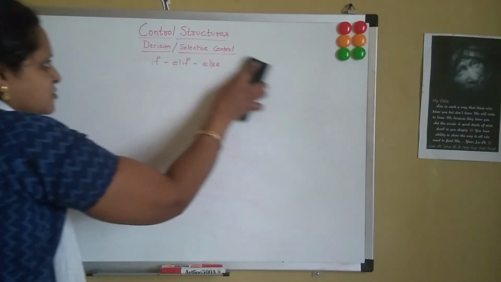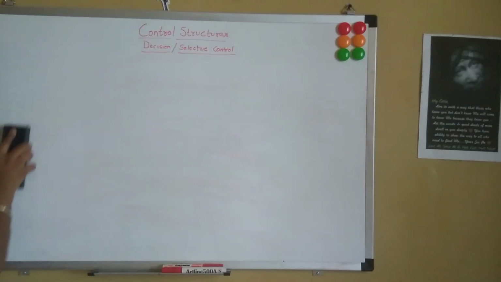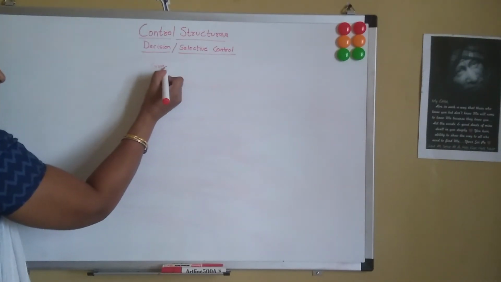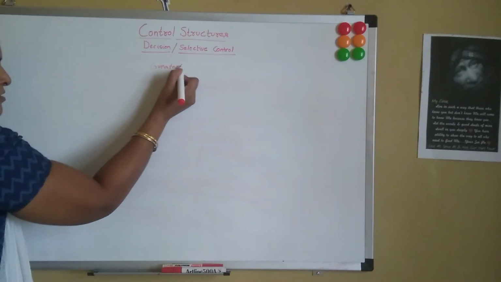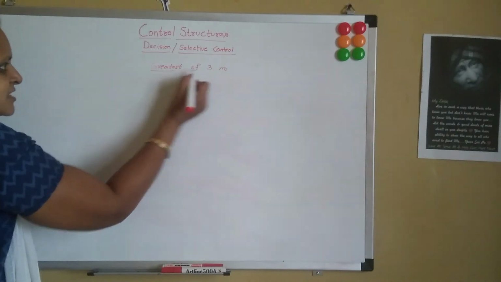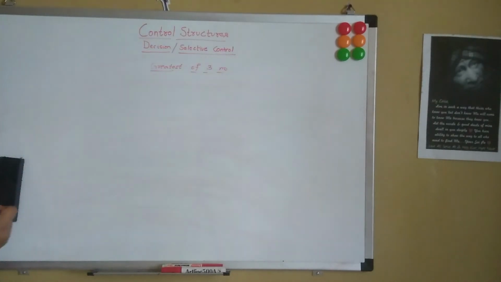And now let's look into a code example to find the greatest of three numbers, to find which is the greatest among three numbers.